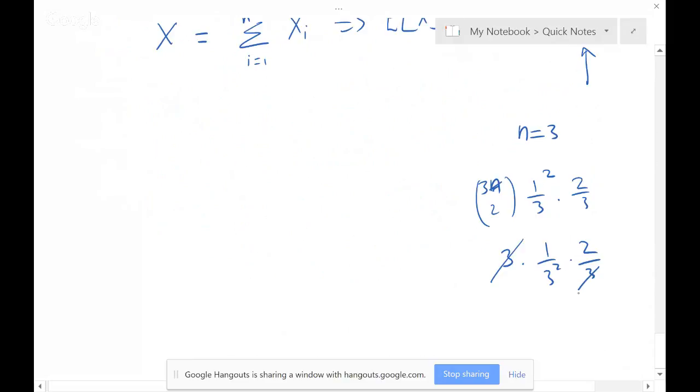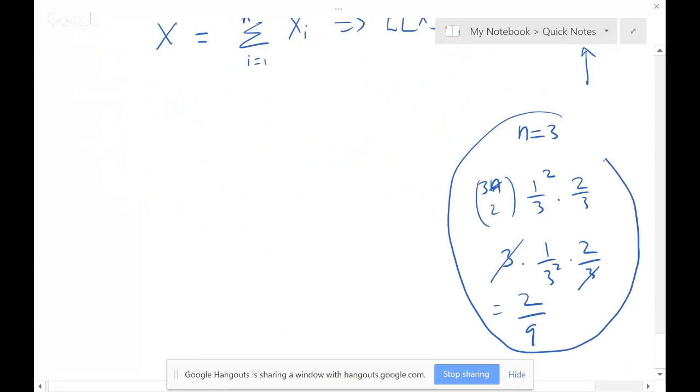So that's going to be 2/9, if my math has not gone wrong somewhere. So this is a significant probability. So when n equals 3, obviously this is not working.